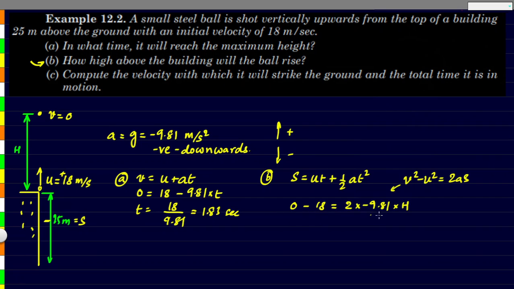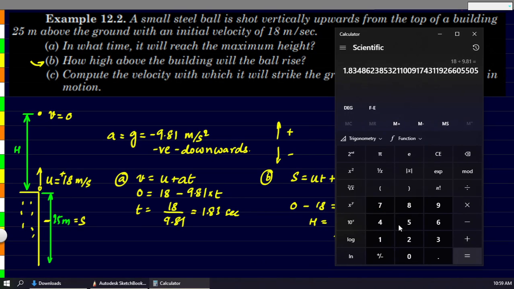You can see the negative sign is there on both the sides, and h will be equal to negative 18 squared divided by negative 2 into 9.81. So the negative sign cancels, and we get the result. Let's go ahead and calculate that.